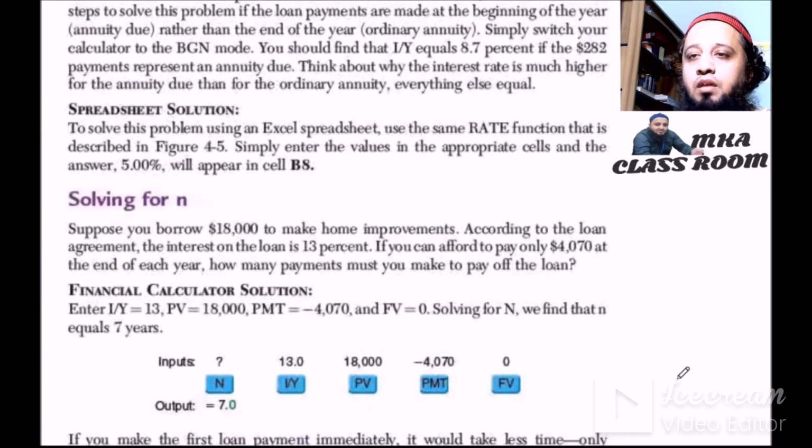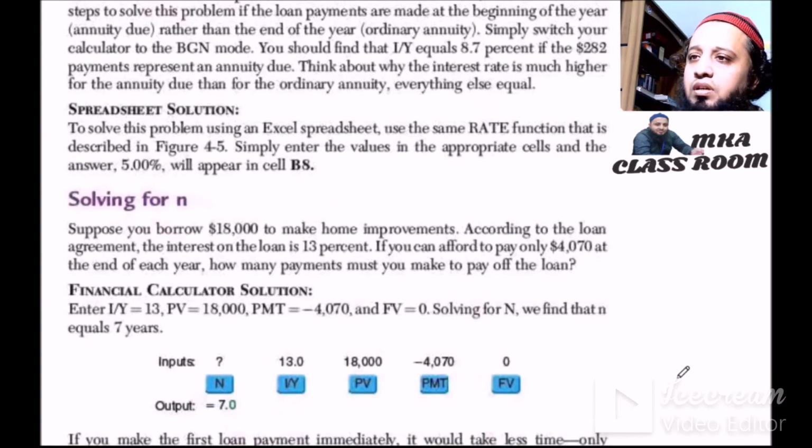Okay, suppose you borrow 18,000 to make home improvements. According to the loan agreement, the interest on loan is 13%.